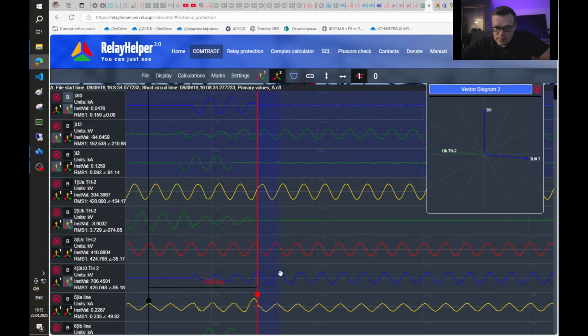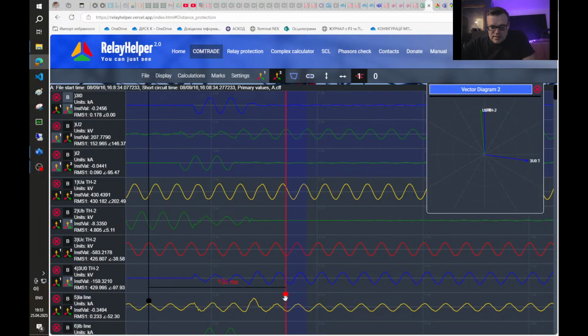but when one phase is tripped and the arc is alive, the angle between zero sequence current and voltage on the tripped phase will be around 90 degrees, and after it changes and the difference between these vectors becomes very little, it also means that the arc went out.